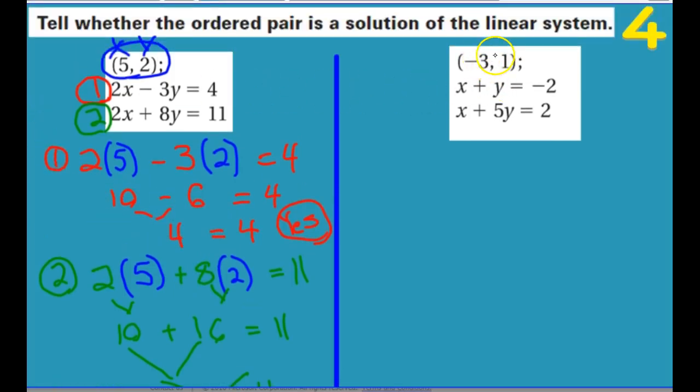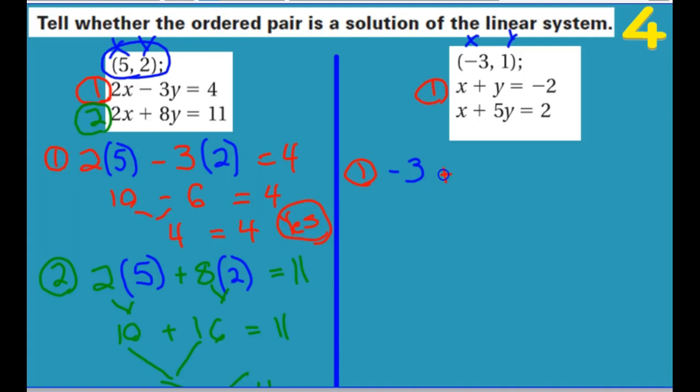Second one, we have our x and we have our y. Our x is -3 and our y is 1. So what we're going to do is put -3 in for x. So we have -3. This is our first equation.